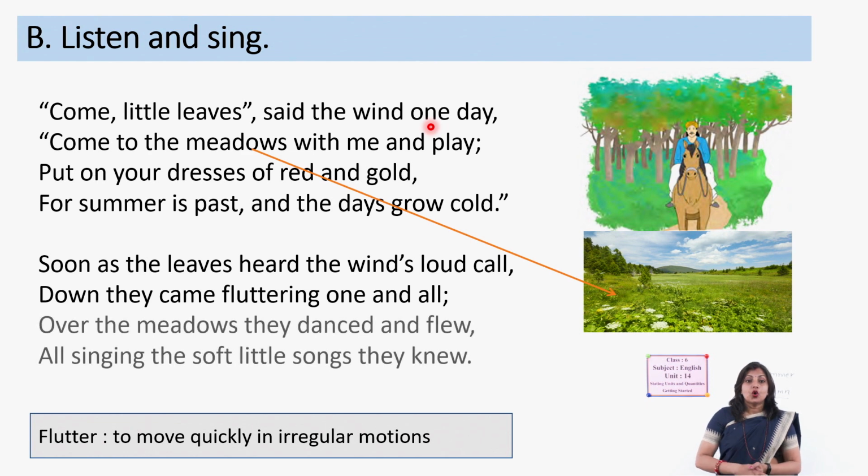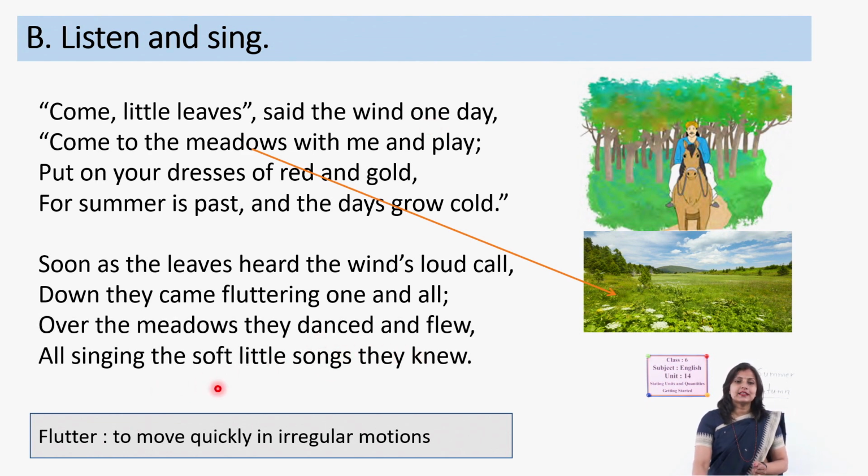Over the meadows they danced and flew, all singing the soft little songs they knew. Over the meadows, you see, in that green grassland, the leaves are coming fluttering down from the trees, and they are dancing, they are flying, and they are singing soft little songs.